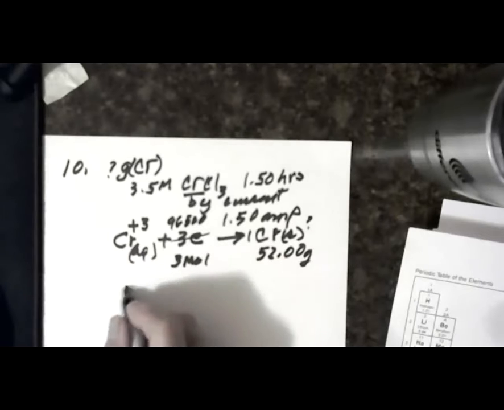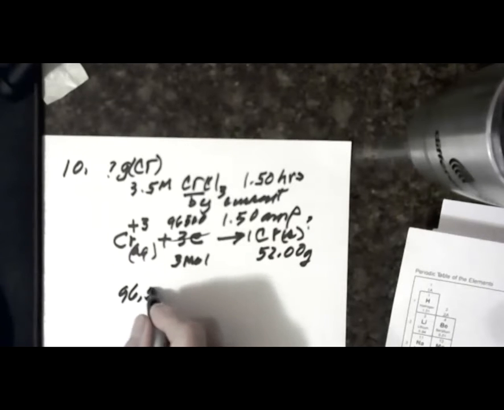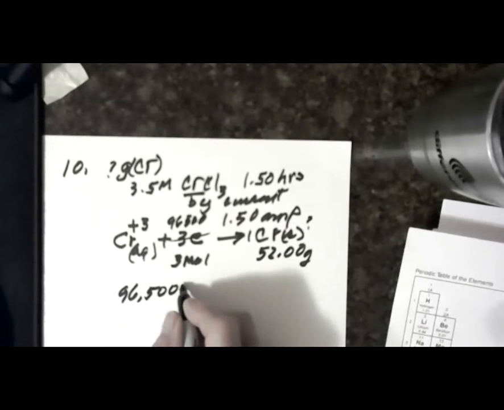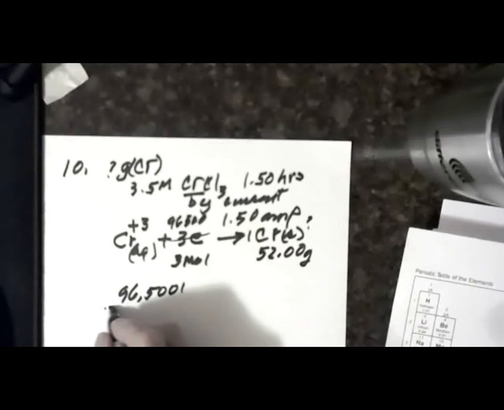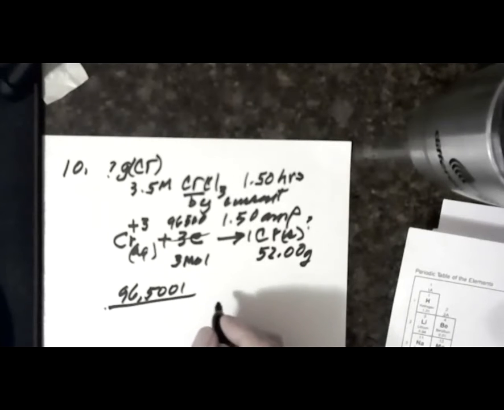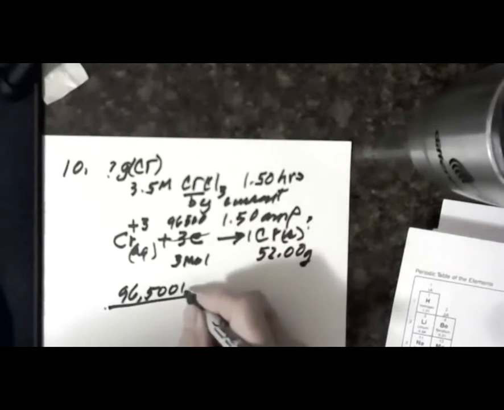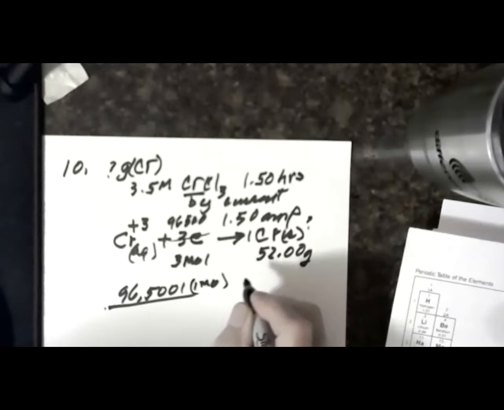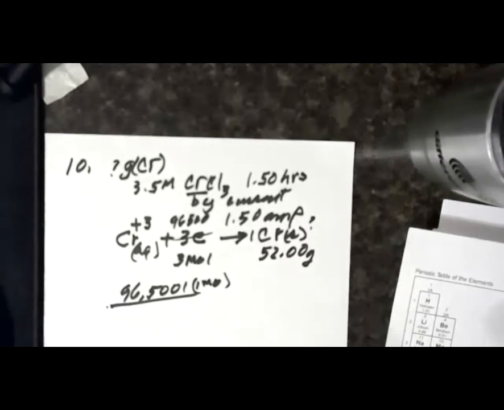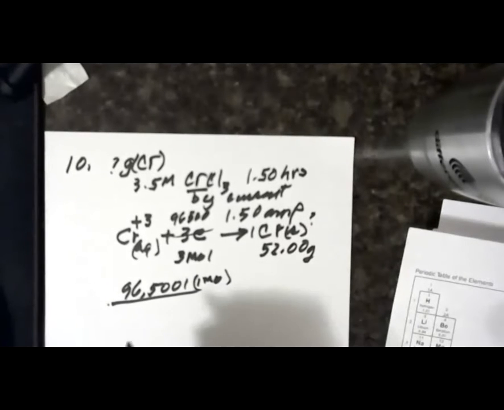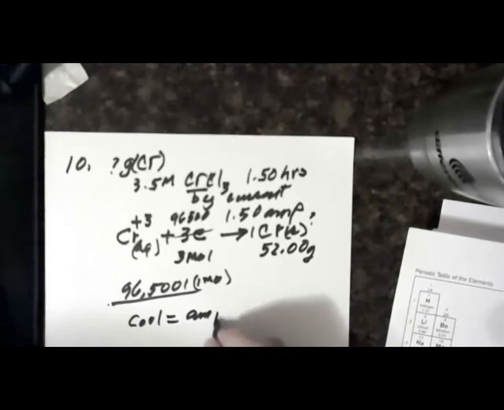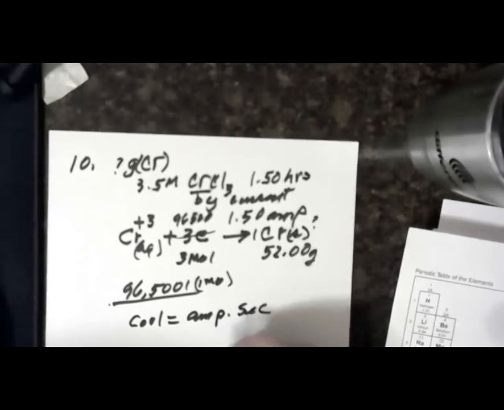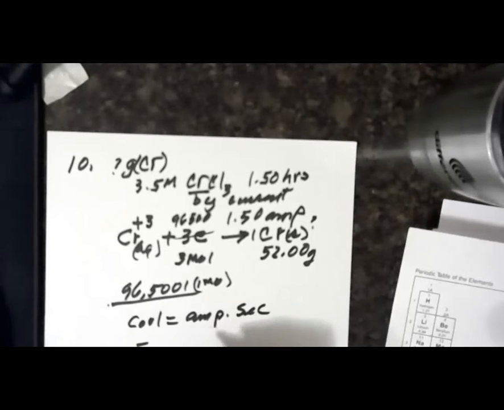So I'm going to take 96,500 amp seconds, or coulombs, is 1 mole of electrons. And now the number of amps times seconds. So coulombs is amps times seconds.